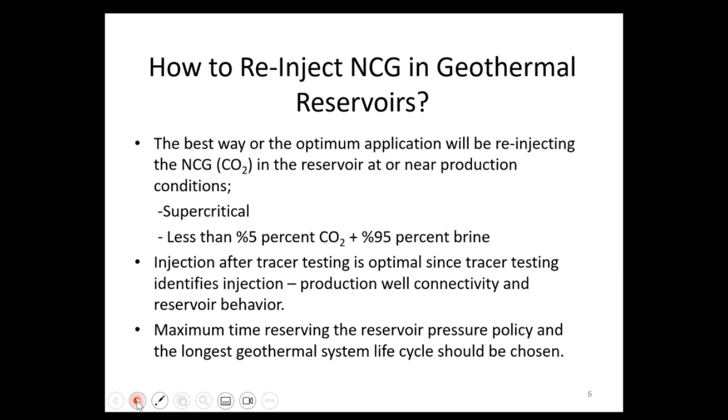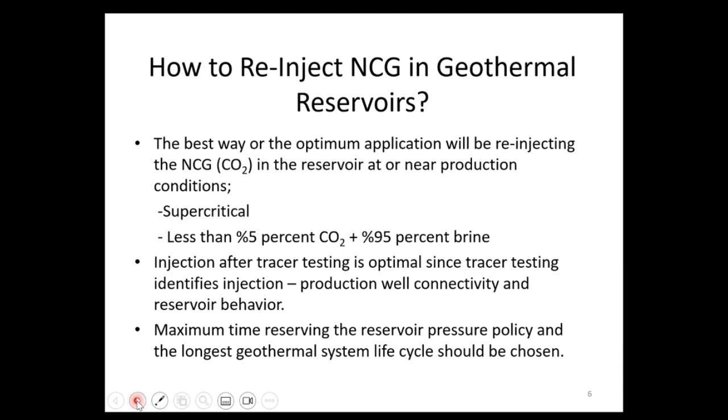Then it becomes a gas. It's not supercritical, and its management and volume change much more. There are two aspects: how physically you're going to re-inject, plus how you're going to re-inject so as not to change the original mass balance and chemistry balance of your reservoir.